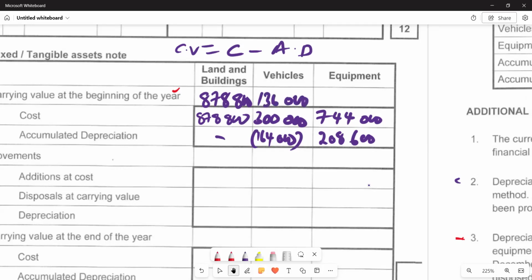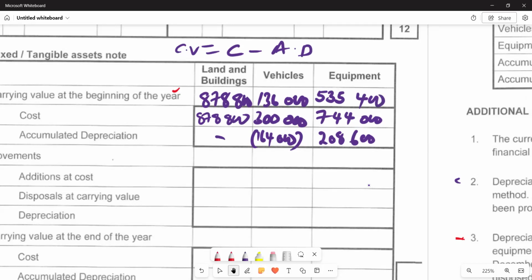Then you go to equipment, we have 744, and then you subtract 208,600, and then you're going to get 535,400. So this is what we have.